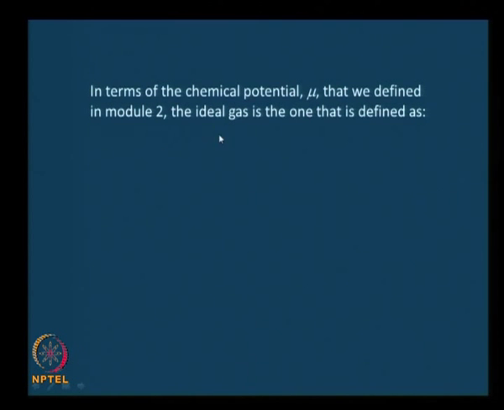Now take a look at this. In terms of the chemical potential mu that we defined in module 2, we can define the ideal gas as mu equals a certain mu naught plus R times T, temperature, times the natural log of the total pressure P. We will call this equation 3.1a.